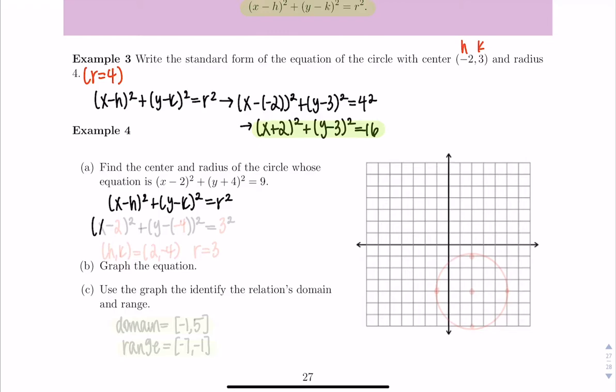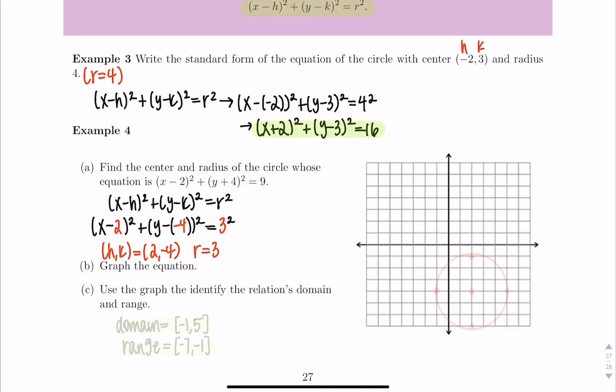So we have x minus 2 squared plus y minus -4 squared equals, now the square root of 9 is 3, so 3 squared is equal to 9. So this tells me that h, k is equal to 2, -4, and my radius is 3.